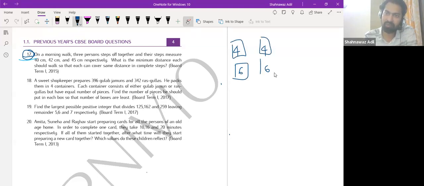But we have to find that scenario in which the boxes are least. So if I put four rasgullas, right? Then how many rasgulla boxes would be there?